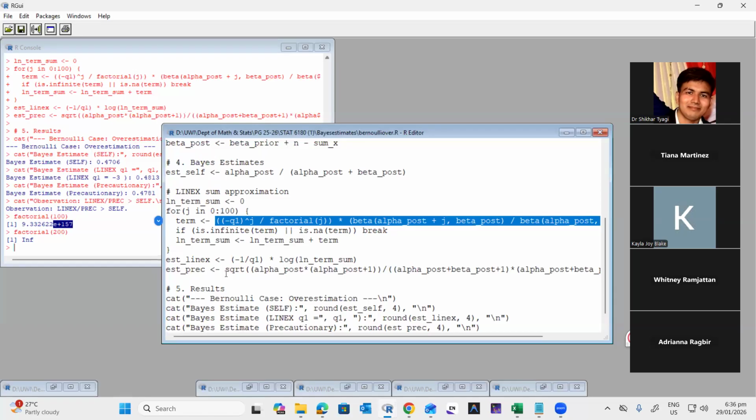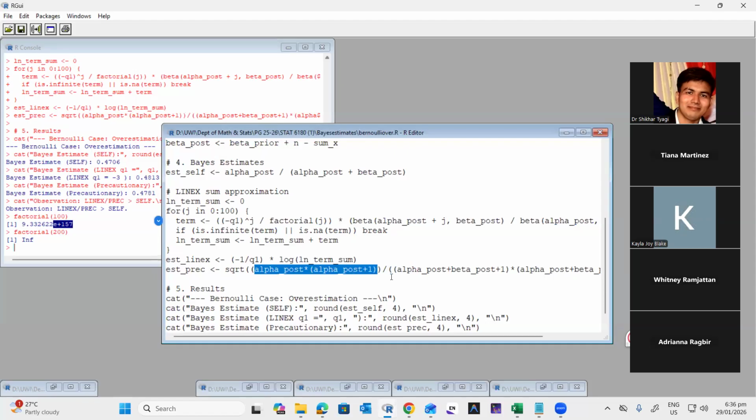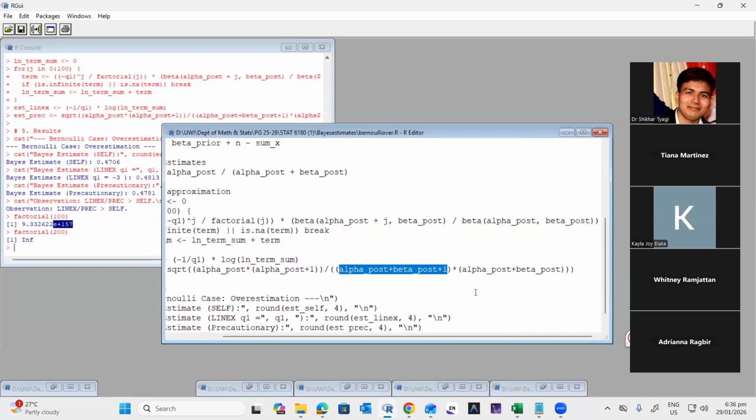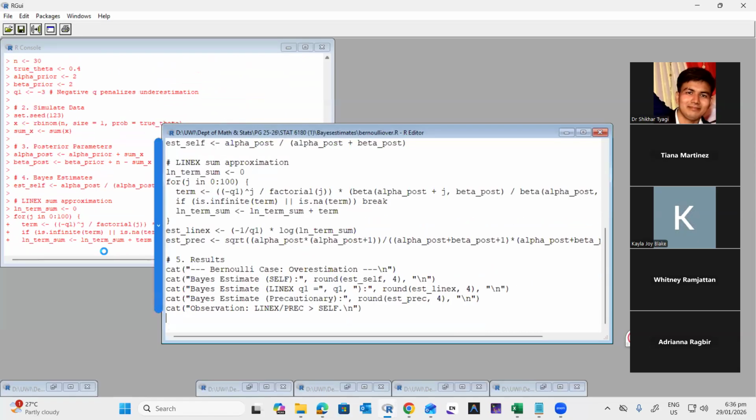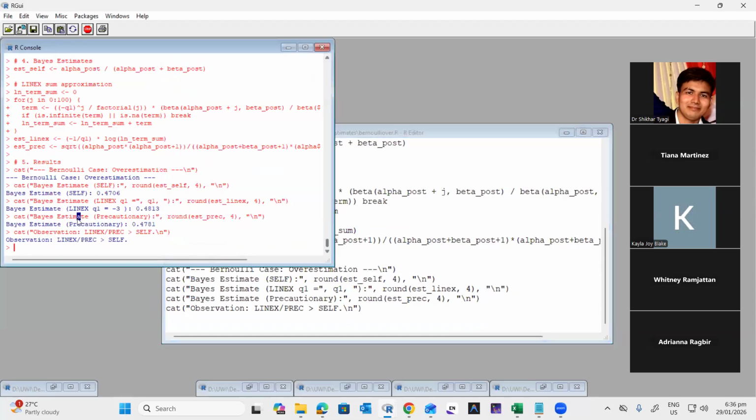square root of alpha dash plus 1 into alpha dash, into alpha dash plus 1 divided by alpha dash plus beta dash plus 1, then into alpha dash plus beta dash, and the square root of the entire expression. All right, so we will run this one and see what is happening.